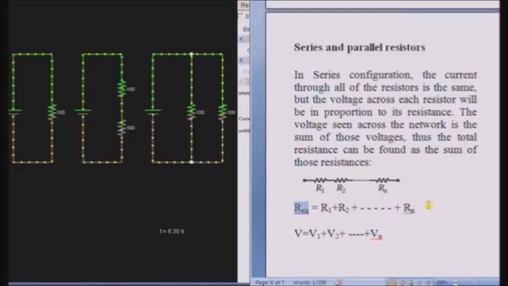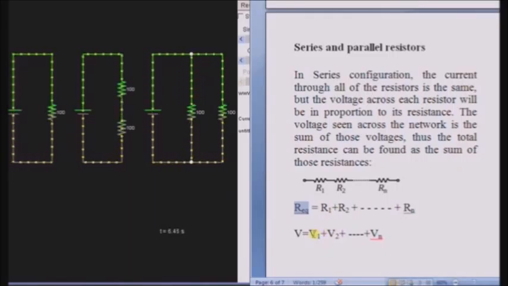The current through each resistor is the same when they are connected in series, as shown here. The current is 25 milliamps in resistor 1 and 25 milliamps in resistor 2, as they are connected in series.